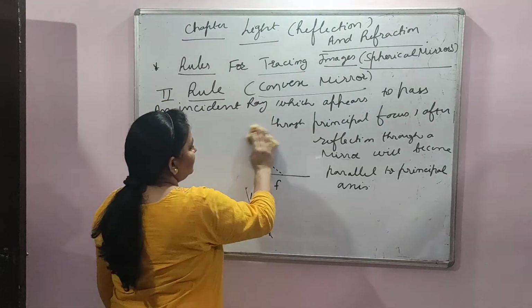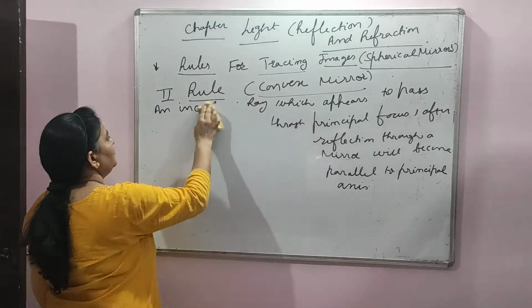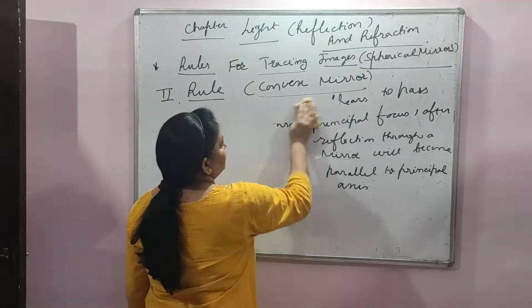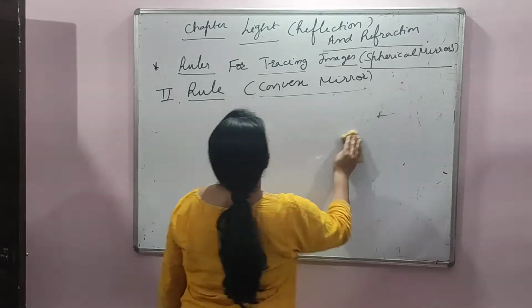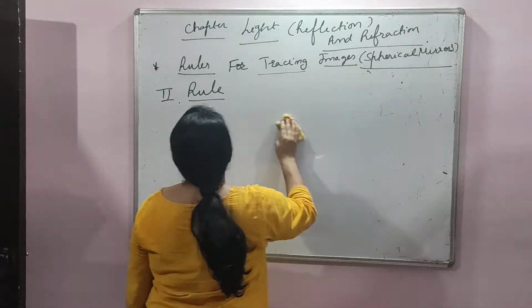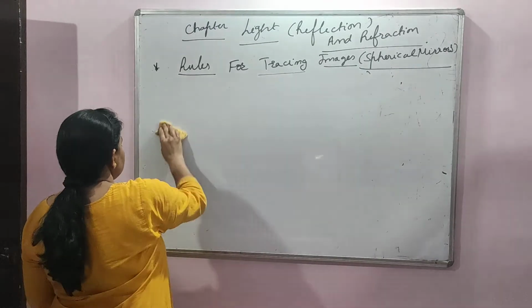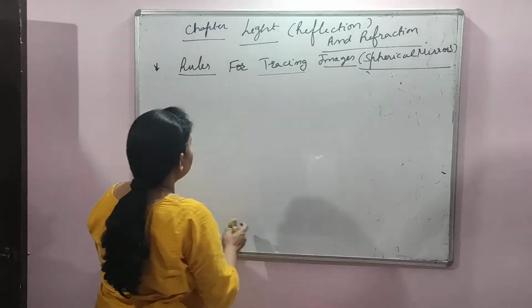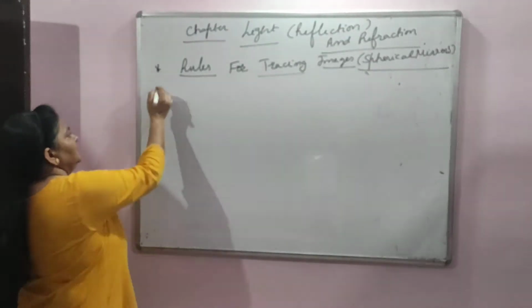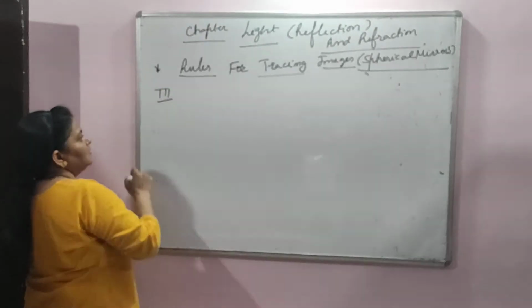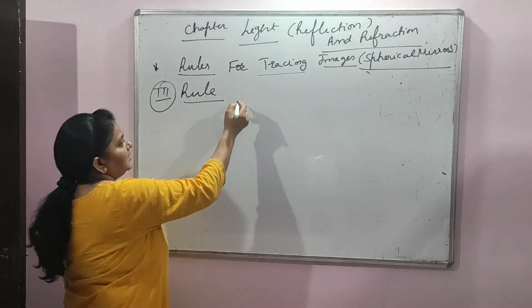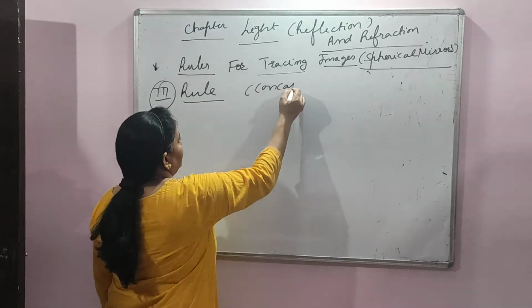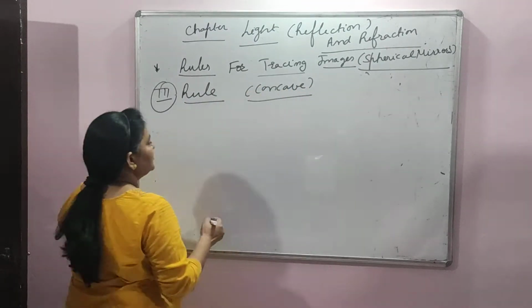Now we are having third rule. Now again the third rule will go for a concave mirror. There are three basic rules, or you can say 4 rules are there, sorry. The third one we will be doing now. Third rule for a concave, I will go with concave first.